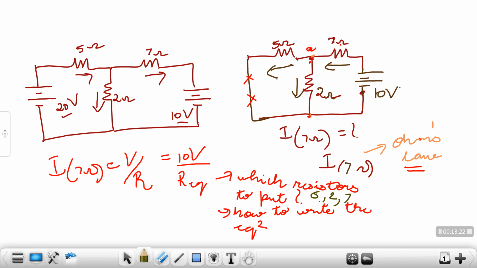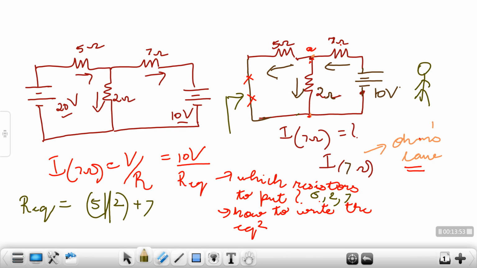Now how to write the equation? Your source is over here, so say you're standing over here. Your circuit is lying to your left in this case, to my left. So start from the last end of where my circuit lies. So when I write that R equivalent, when I start from my left hand side, first I will come across 5 and then 2, and both of them would be in parallel. 5 and 2 both would be in parallel.